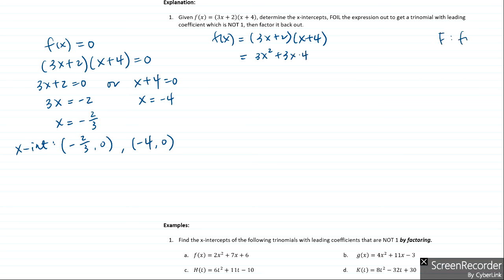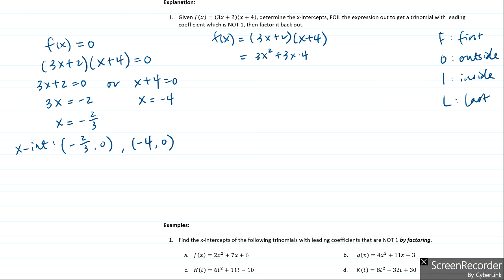I'm going to write out as a reminder what FOIL stands for. F is first, O is outside, meaning the two terms on the outside of the expression, I will be the inside, and lastly L will be the last terms in each parentheses.